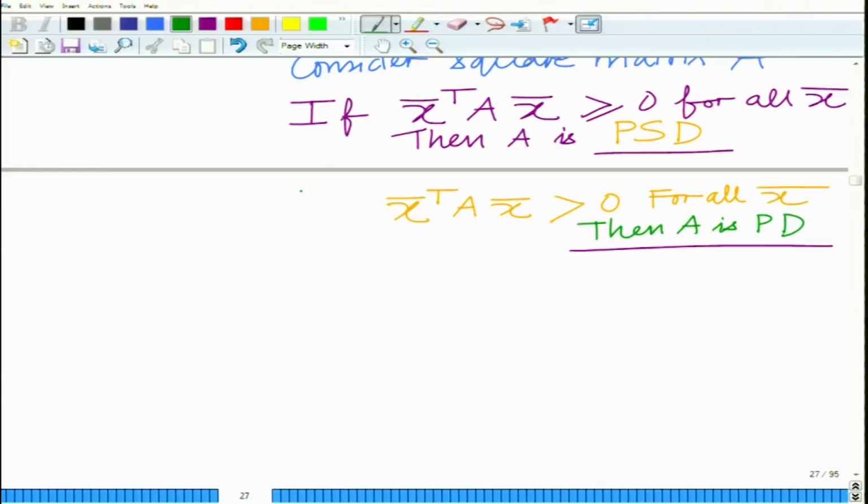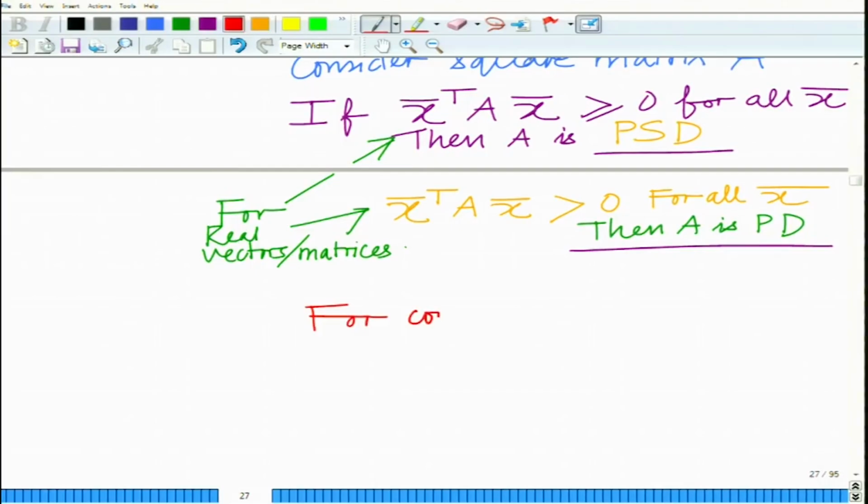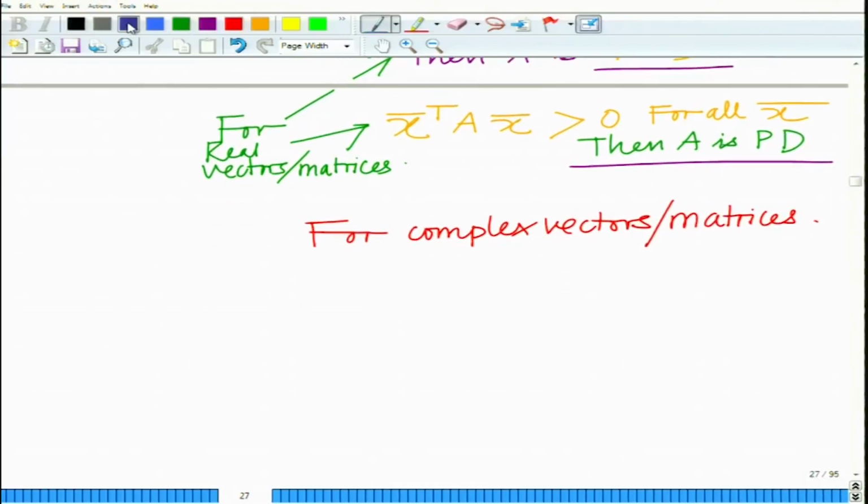Now for complex vectors and matrices, as we have seen before, we have to replace the transpose by the Hermitian.